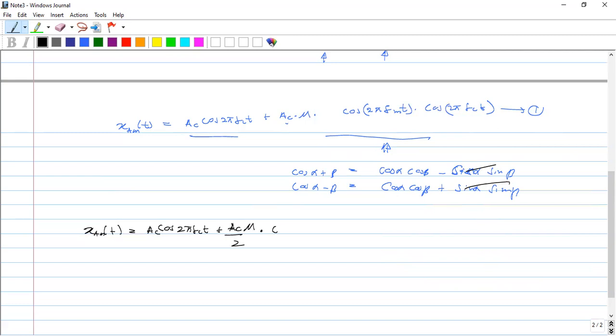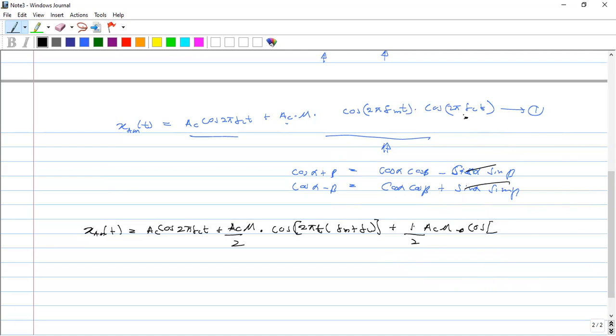Here we have cos(alpha plus beta), that is 2π fm t plus 2π fc t, so I can take 2πt out, and I have fm plus fc. Also I have half AC mu. Here I have cos(alpha minus beta), so alpha should be this one, 2π fc t, the greater one, if fc is greater than fm.